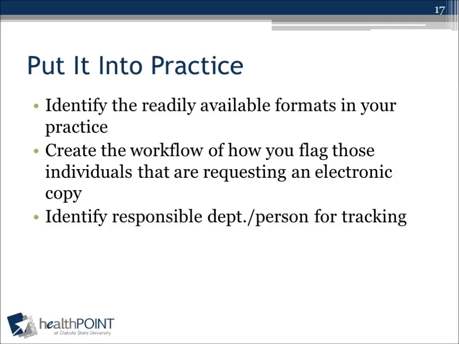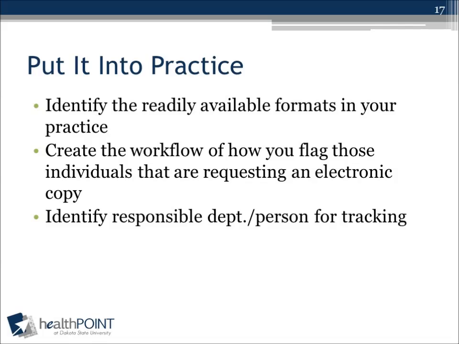If you don't have a portal and you have an abundance of thumb drives that for some reason you have on hand, maybe that is your readily available format. Whatever you put into your policies and your notice of privacy practices to your patient, you identify the available formats, and those are the ways that they can ask to get that information.